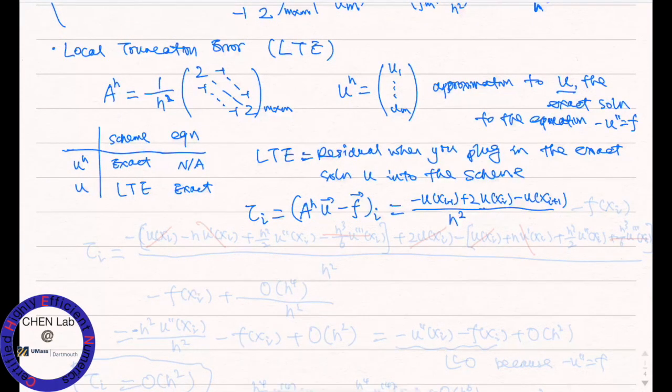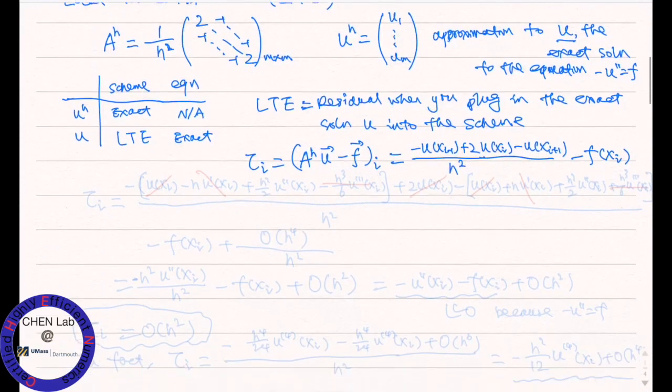We enforce that to be equal to f and compute the u^h. Now it's u, so it's not equal to f anymore. You subtract f at x_i, you're going to get a residual. That residual is called the local truncation error, tau i. Okay, tau i. We do a little Taylor expansion.